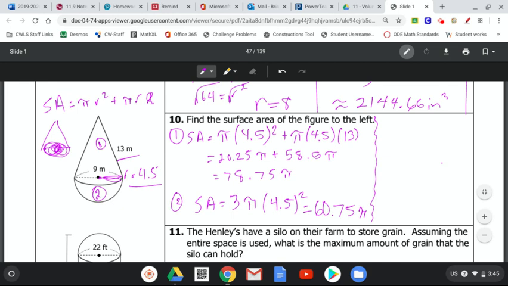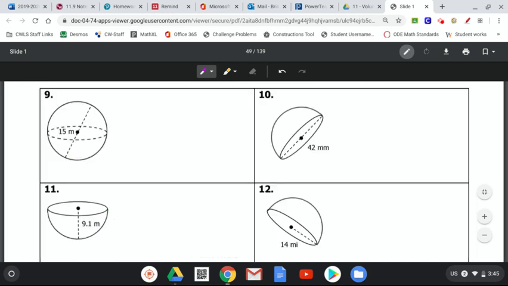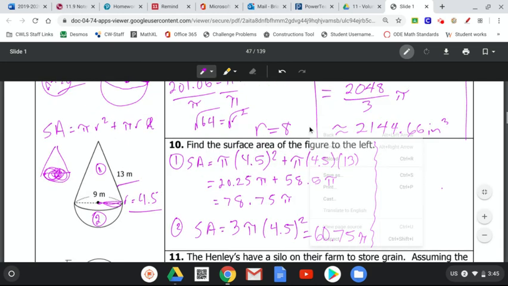We don't want that. Same thing when we're finding the surface area of a hemisphere. We have our hemisphere, but the top of that hemisphere is no longer exposed to the outside of the shape. It is now inside the shape. So we're not worried about that.